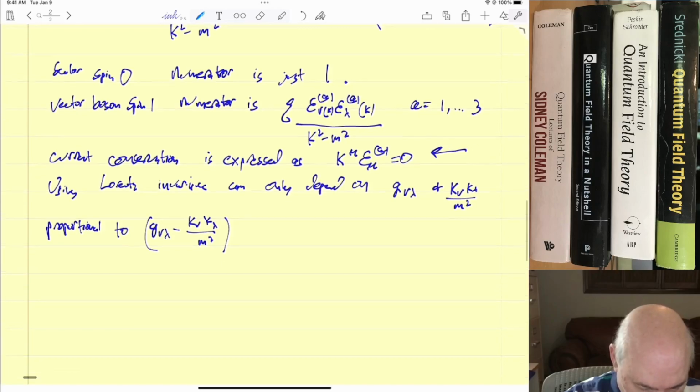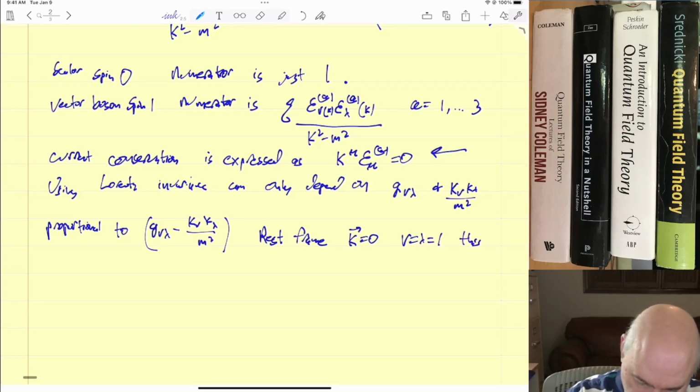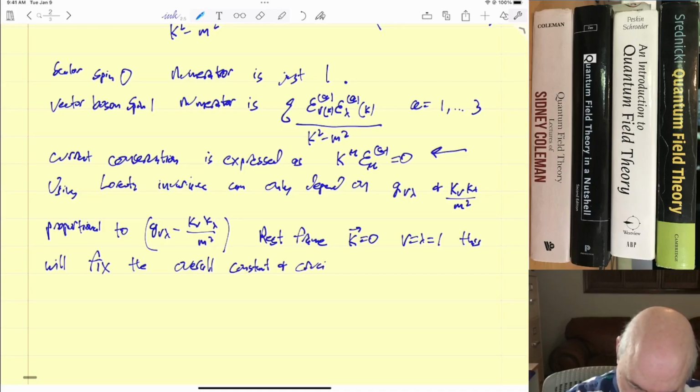And if we evaluate this in the rest frame, so k is equal to 0, and we put nu equal lambda equal 1, this will fix the overall constant and the crucial sign.